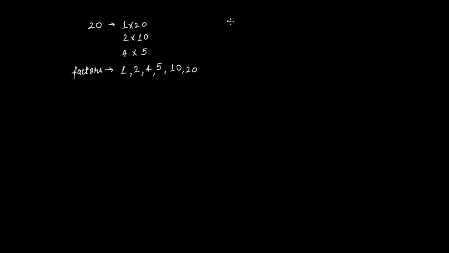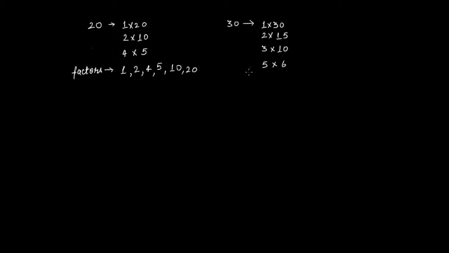Now the factors of 30. This can be written as 1 times 30, then 2 times 15, then 3 times 10, then 5 times 6. Any other possibility of writing them in terms of factors?